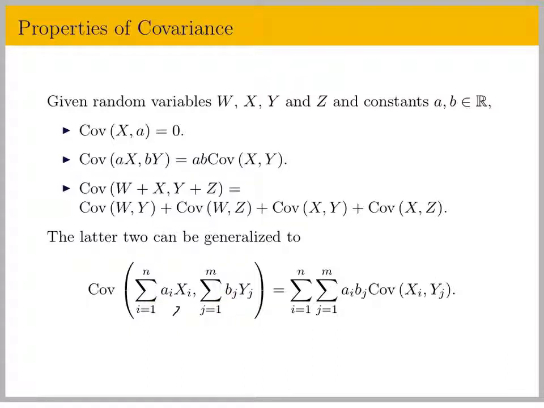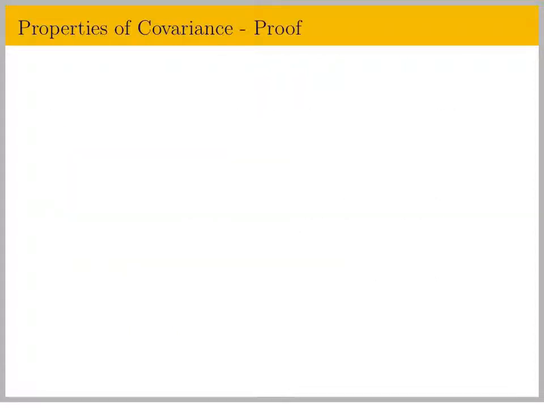So the covariance of two sums is just the sum of all of the potential covariances between those two sets of random variables. I think this latter property should be fairly easy to prove now. I'll just set up the first few steps, and I think the rest will become apparent given all the work we've done in the past few slides.